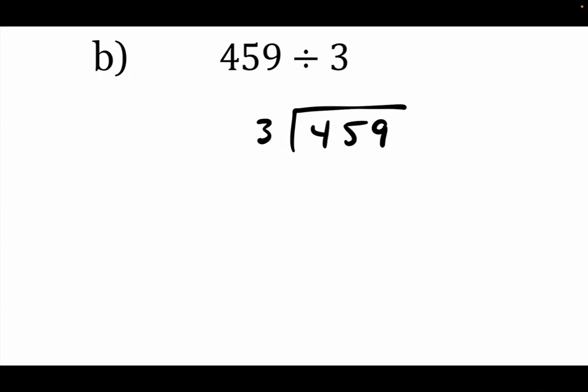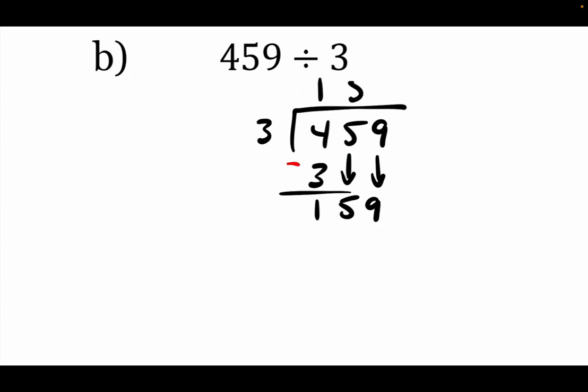3 goes into 4 one time, right? So we put a 1. Then I multiply 3 times 1, and I make 3. Opposite. Bring down what I haven't used. Well, 3 doesn't go into 1, but it goes into 15. 5 times, right?